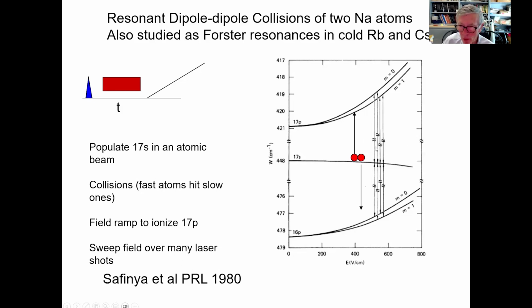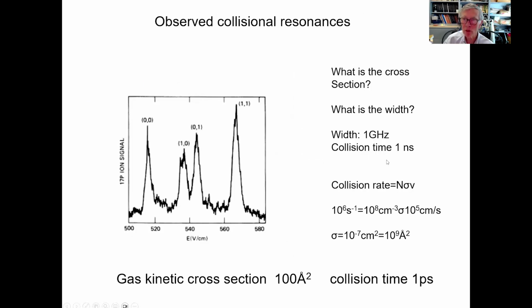And if one looks at the population in the P state, as this tuning field is varied, you observe these 4 peaks as expected. And so just from the field variation, it's easy to compute the collision time. They collide for about a nanosecond. The most interesting number from our present point of view is the collision rate.